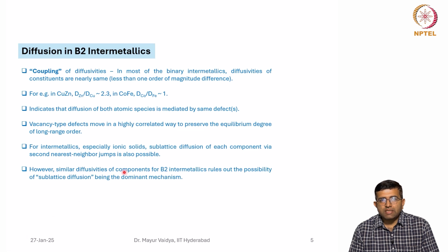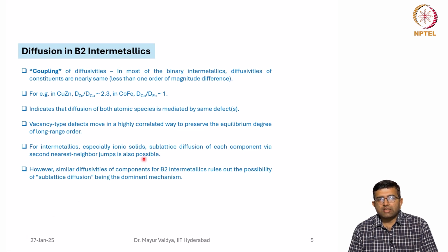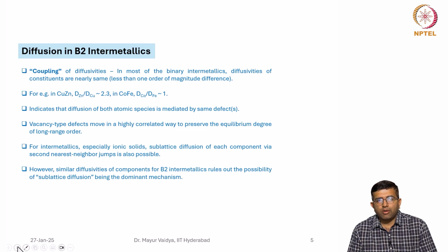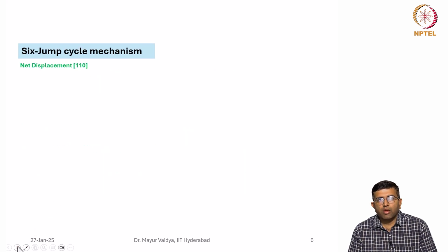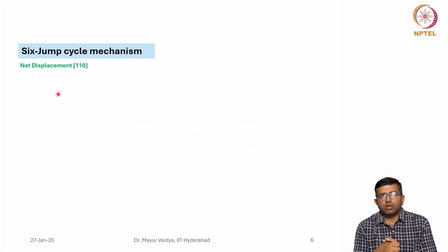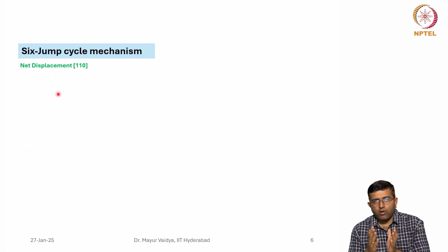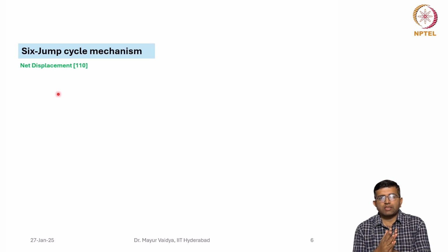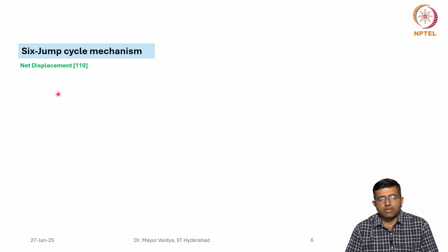As far as B2 intermetallics are concerned, since the diffusivities are similar, sublattice diffusion is not a possible mechanism here. So, what are the mechanisms for B2 intermetallics? As I already indicated, these mechanisms are more complicated because the long range order has to be preserved. We will show some examples now.